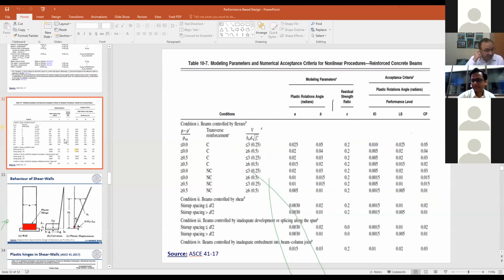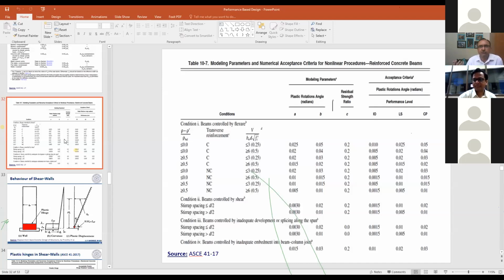The question here is that if a member collapses, can we call it collapse of the building? It's a tricky, difficult question to answer. If you look from one way, you will say no. From a structural engineer's point of view, how can we say that if one member has collapsed, then the building has collapsed?